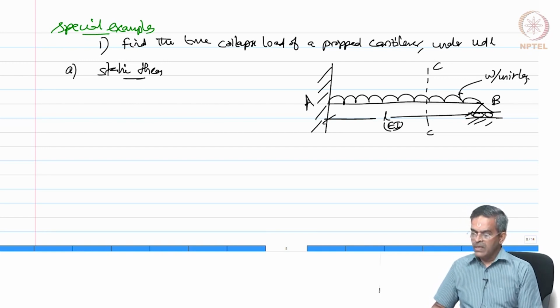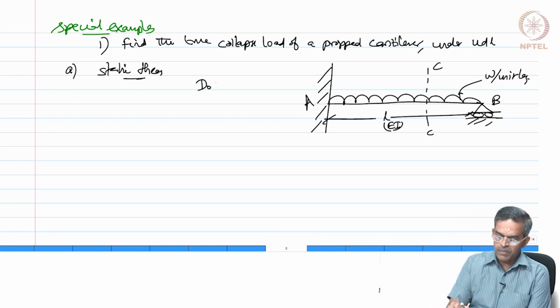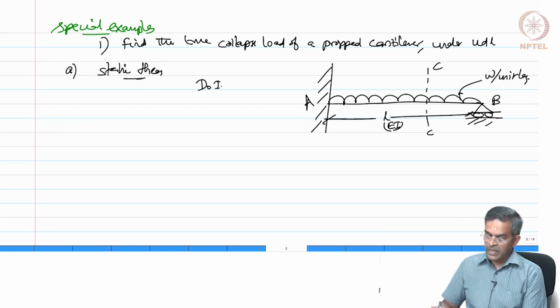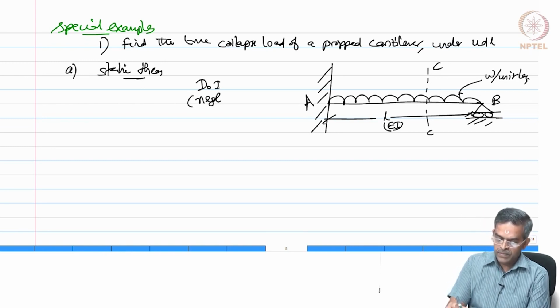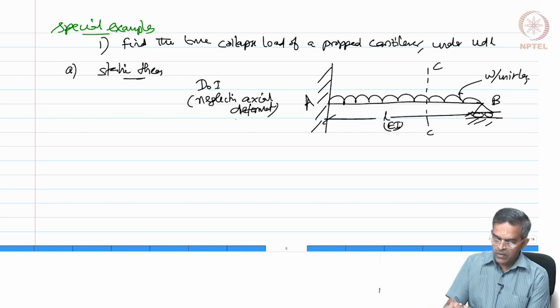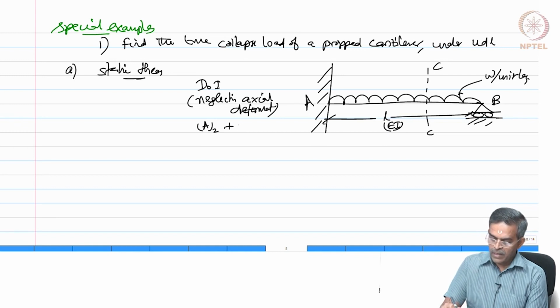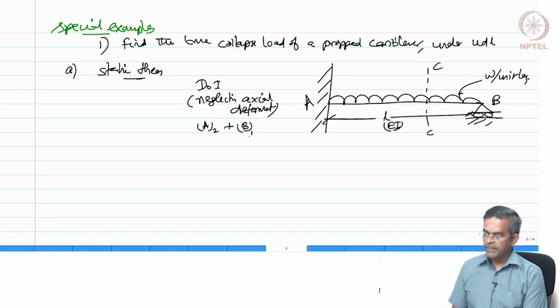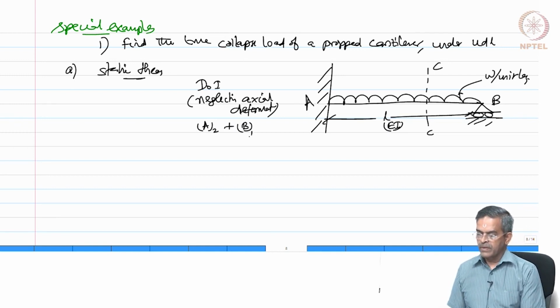By the way, let us see what the degree of indeterminacy of this problem is, neglecting axial deformation. There are two reactions at A and one reaction at B, is it not?